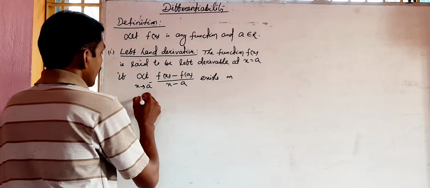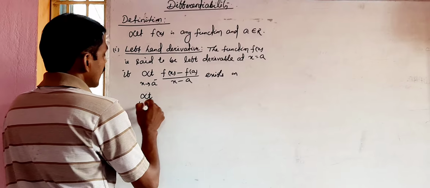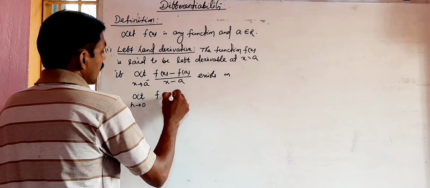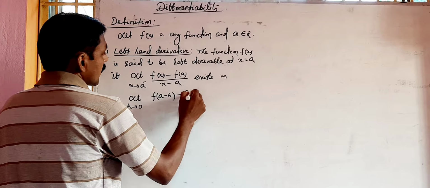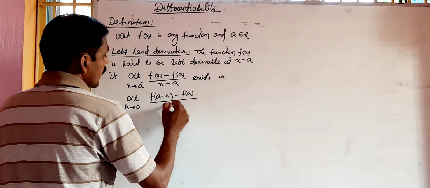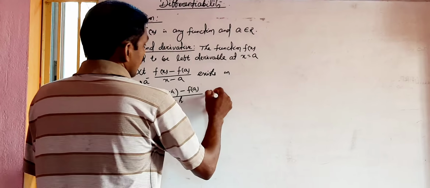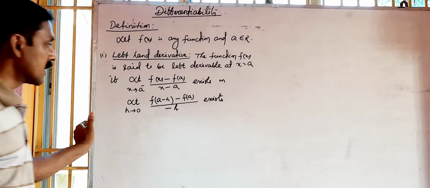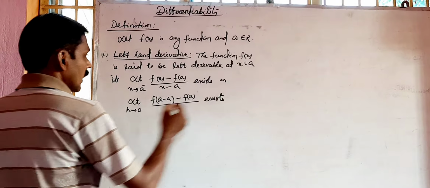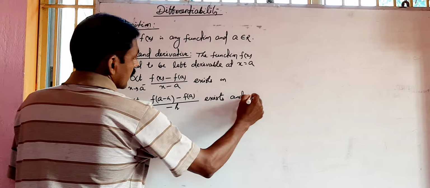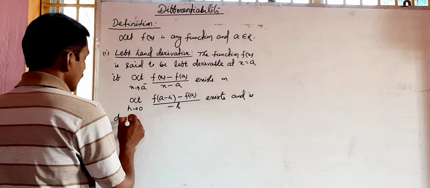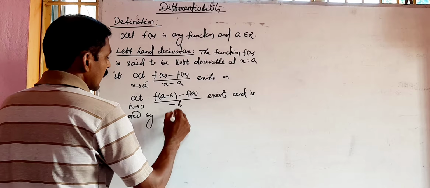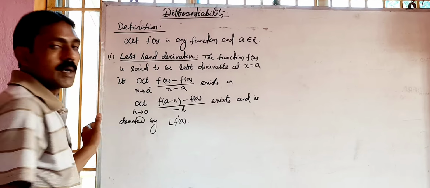Or we can say the limit as h tends to 0 of f of a minus h minus f of a by minus h exists, and it is denoted by L f dash of a.